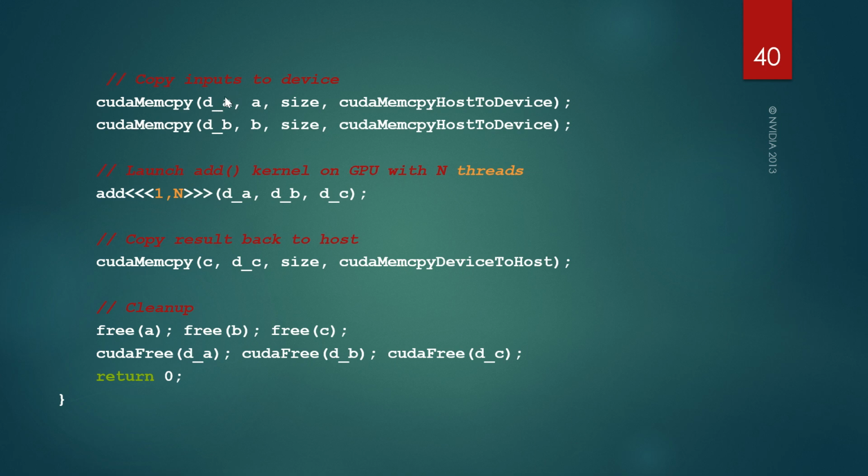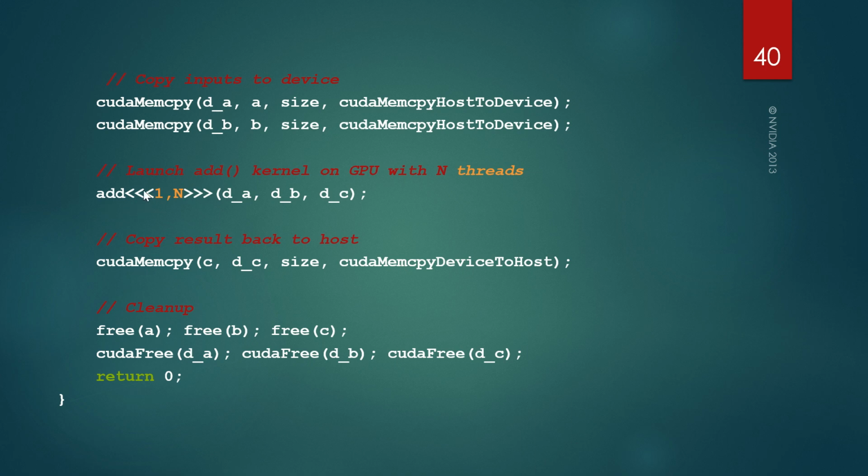It is sending first d_a, where the d was just put in as a prefix to indicate that it was a device array, although you don't have to do that. The array A is sent, and B is sent, and then you launch the kernel.